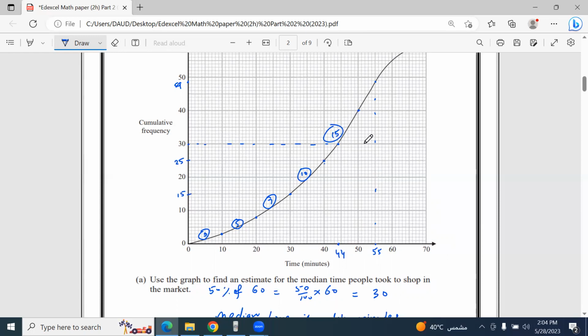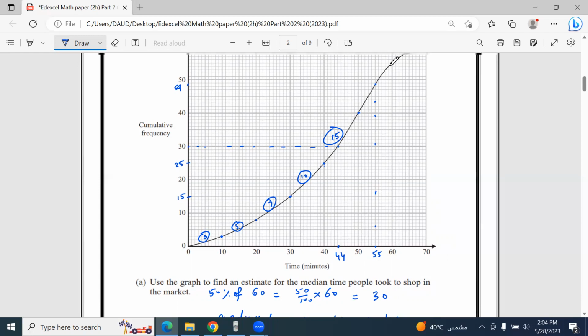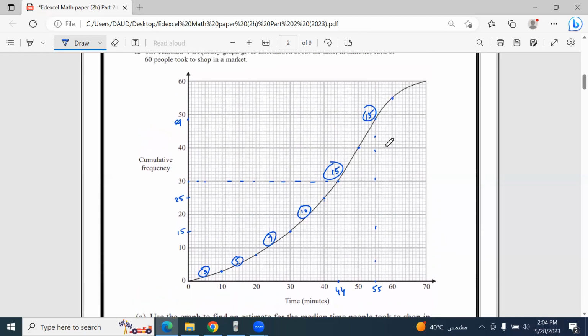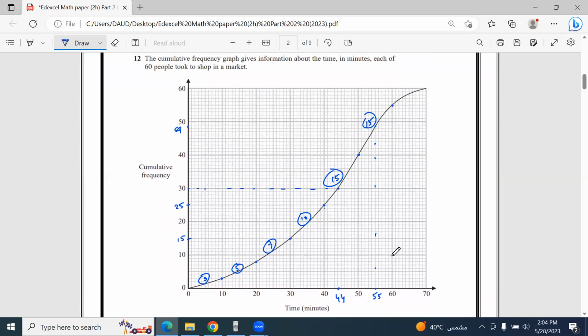And same as 50 to 60, at 50, it is 40, and at 60, we will check here, it is 55. So 55 minus 40, again 15. And lastly, from 60 to 70, at 60, it is 55, and at 70, it is exactly 60, so 5. It means these are the answers.